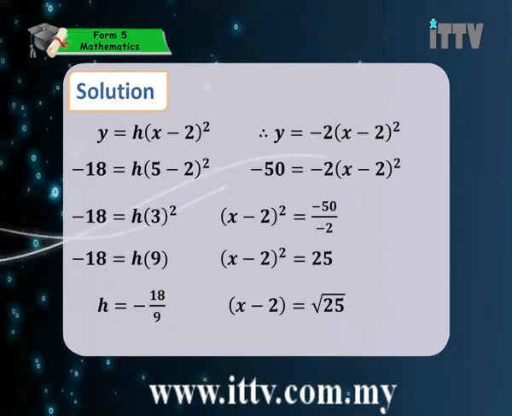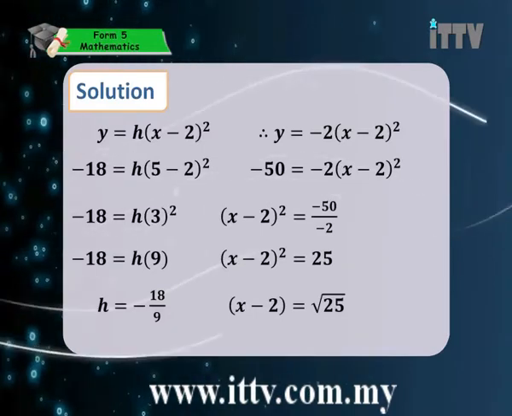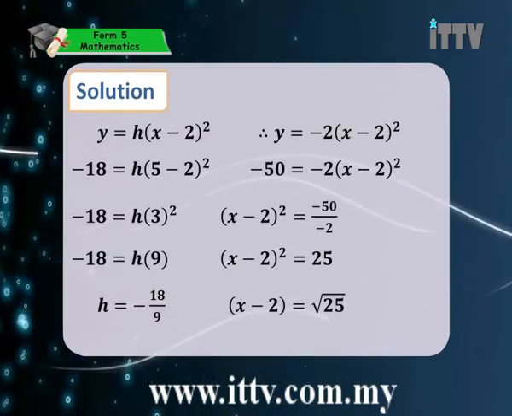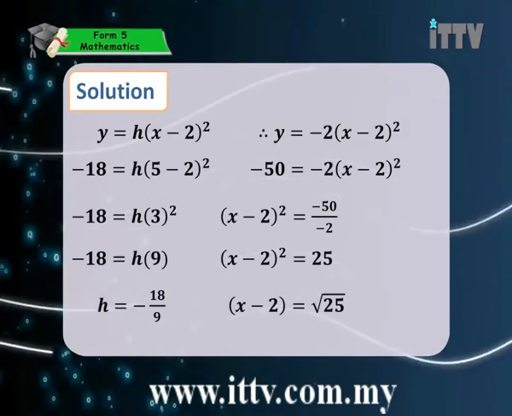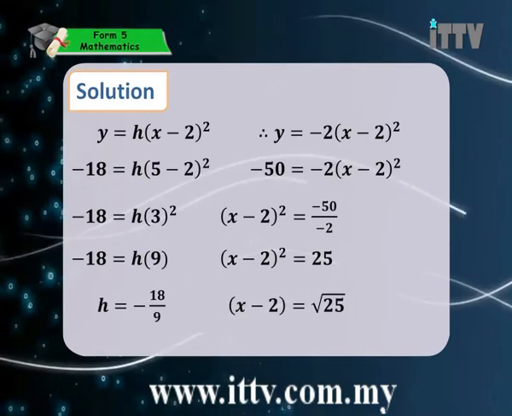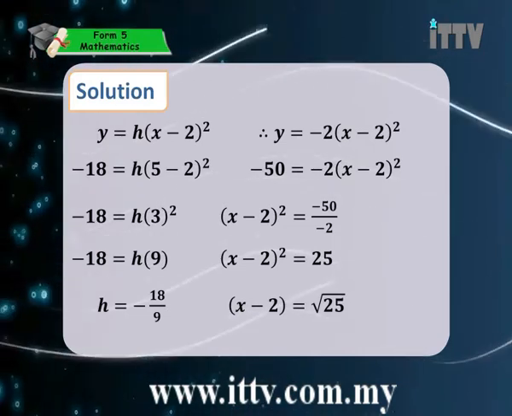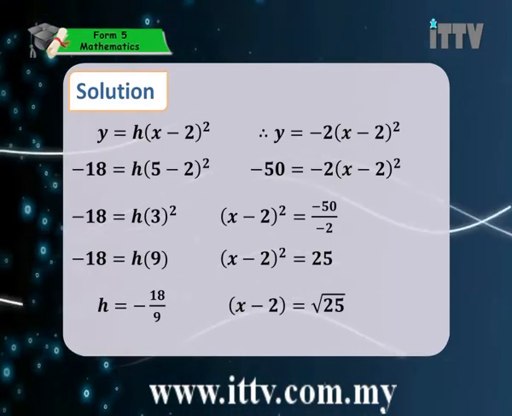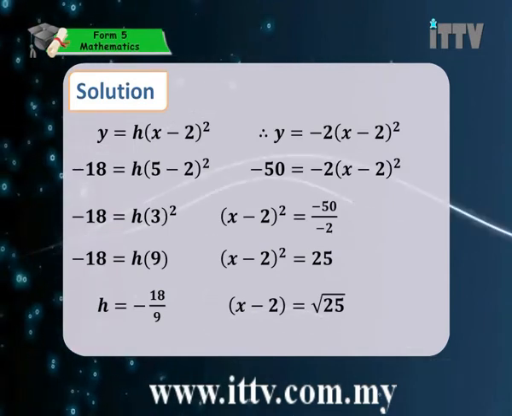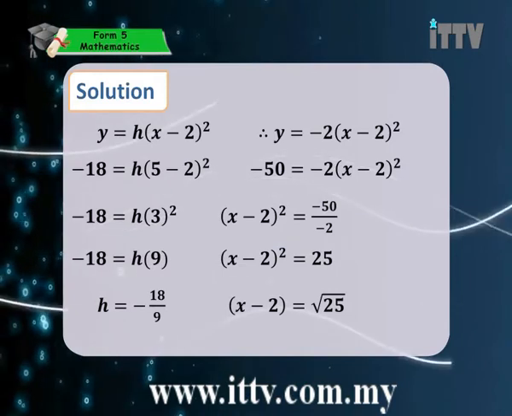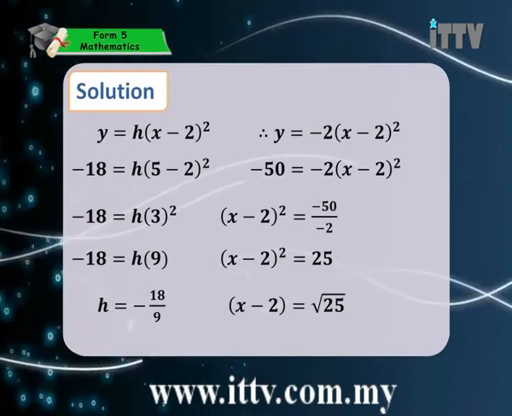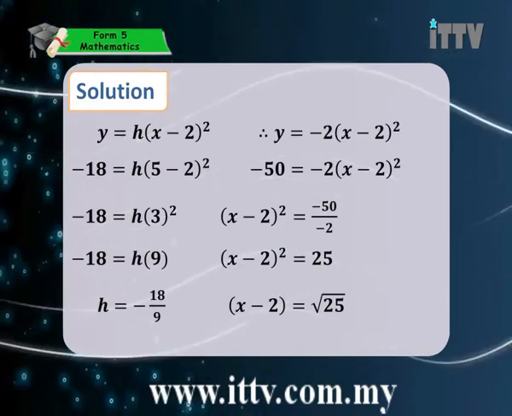All right, let's take a look at the solution. So first of all, y equals h(x minus 2) squared, so negative 18 equals h(5 minus 2) squared, negative 18 equals h times 3 squared, negative 18 equals 9h, h equals negative 18 over 9. Therefore y equals negative 2(x minus 2) squared.